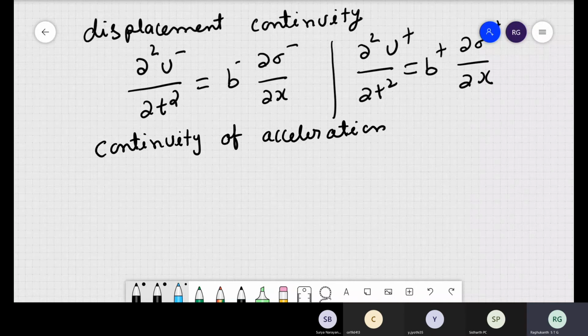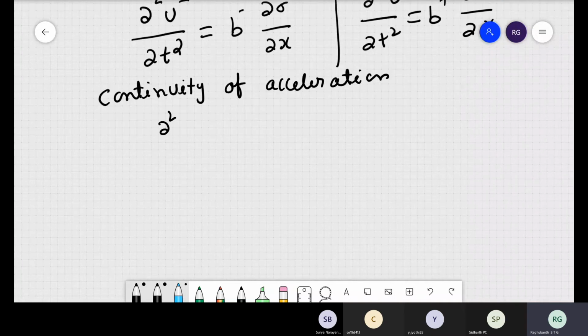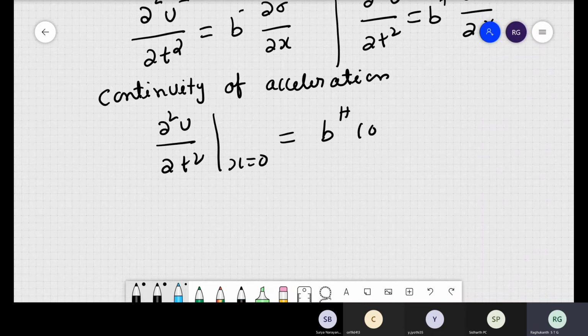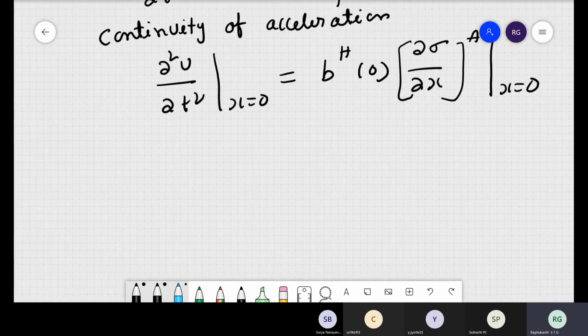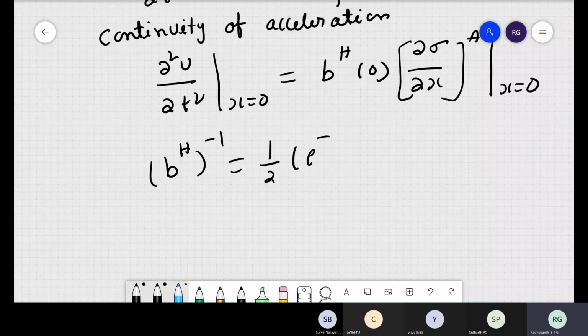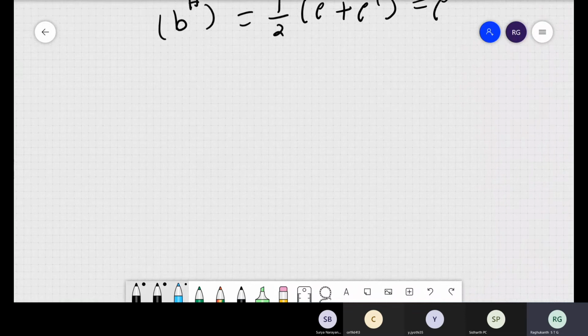assuming both of them are the same, dou square u by dou t square at x equal to 0 can also be written as bh of 0 dou sigma by dou x, the arithmetic average at x is equal to 0. Where bh is of rho minus plus rho plus, so this is rho of a, and one can also write this as rho of esa.